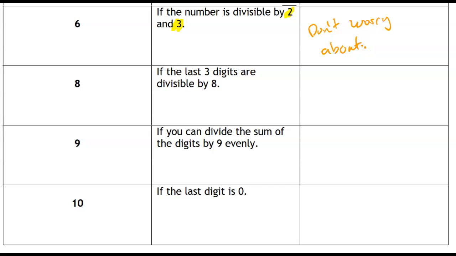Same thing for 8. You have to do the last 3 digits and it just gets harder. So 008, 016, 024. At that point, you might as well just divide by 4 and go from there. So I usually don't worry about 8 either.